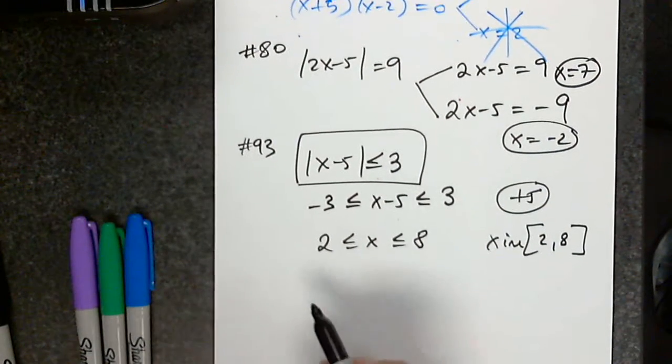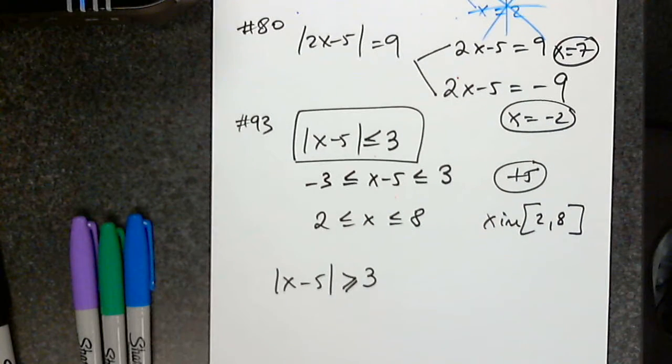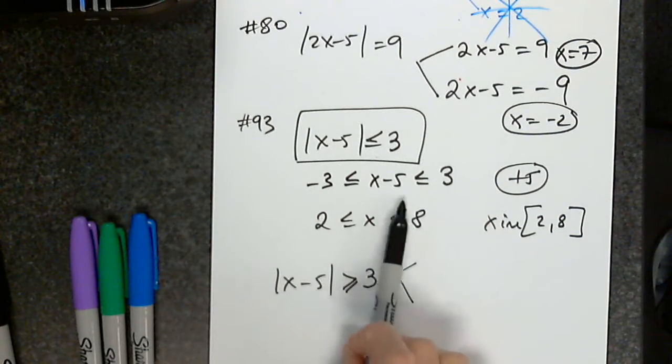Now I'm going to change the problem because since you didn't remember this, I would like to also review this one. What does this mean? Right, to the left of negative 3 or to the right of 3. So it does not include what's in between.